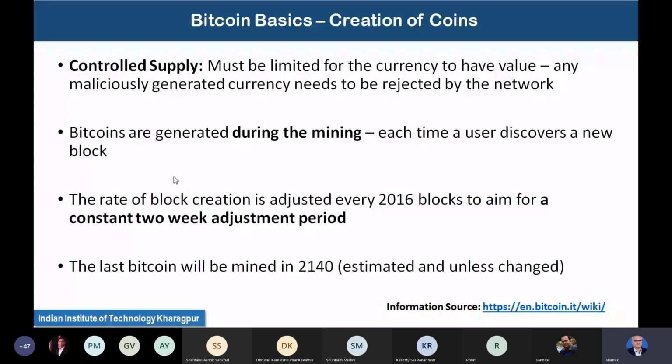But for any type of currency, if the supply is unlimited, then the value of that currency decreases. So it is important that the supply of that currency is controlled. It is important to understand that we should not be able to generate an infinite supply of bitcoins in the network.